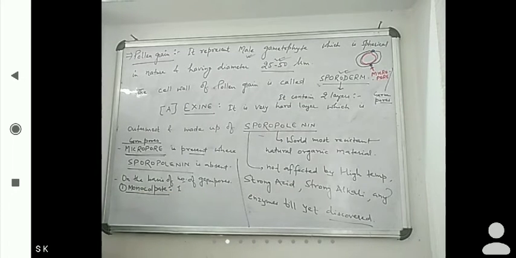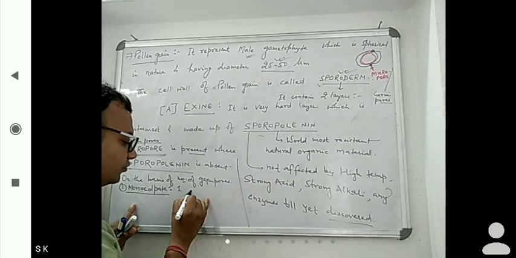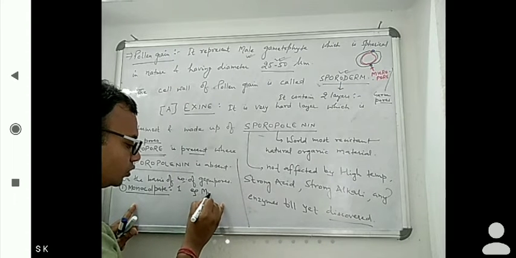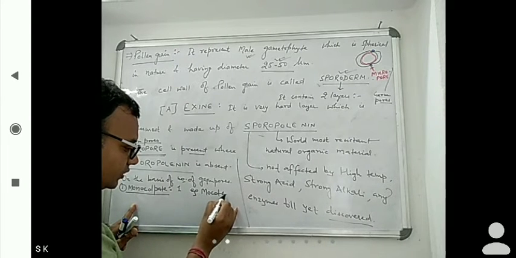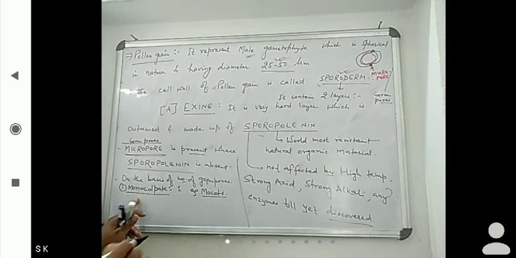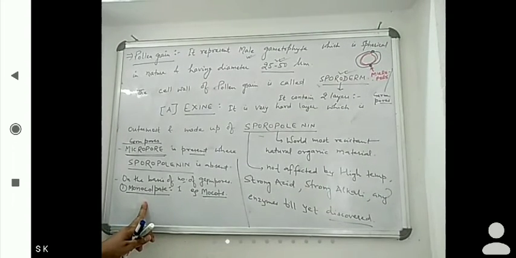So if only one germ pore is present, that pollen grain is known as monocolpate. And since mono will come, what will be the example? For example, monocots. Monocots have monocolpate pollen, meaning only one germ pore.